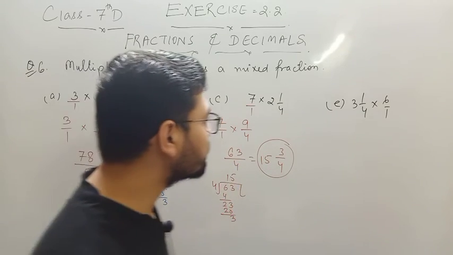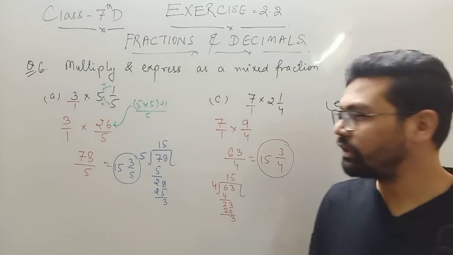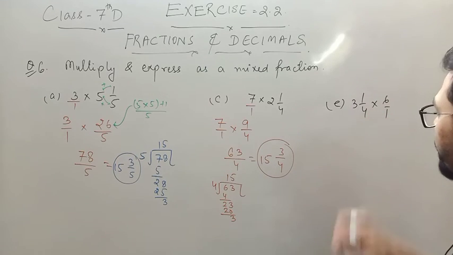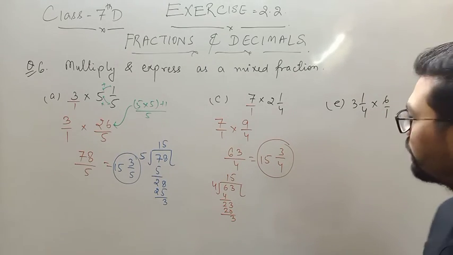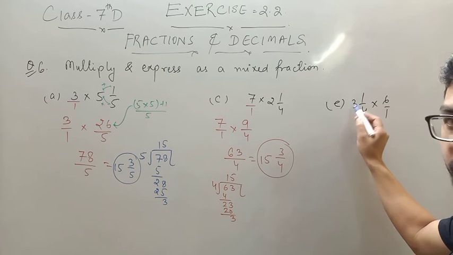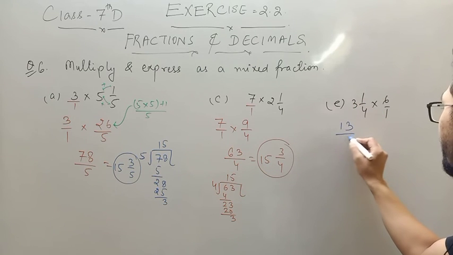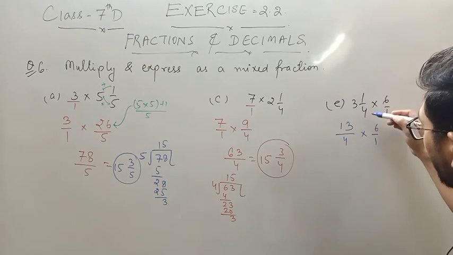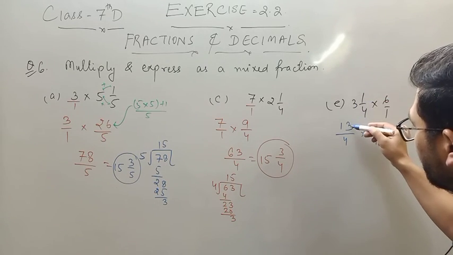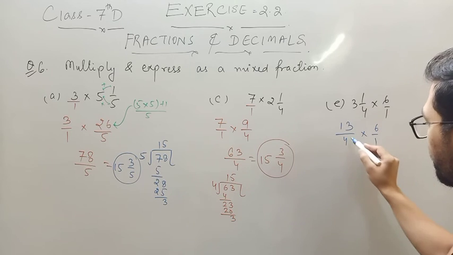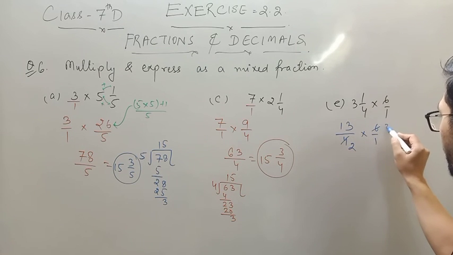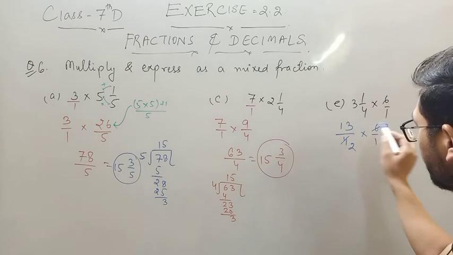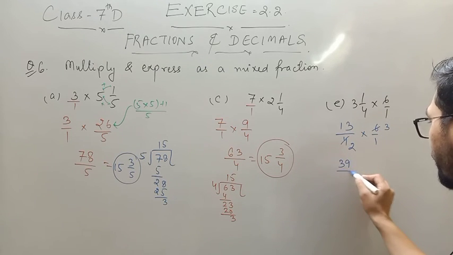Note it down fast. Okay, before that, please see this question also. 3 1 by 4 when multiplied by 6. 3 4s are 12 plus 1, 13 by 4 into 6 upon 1. 13 divided by 4 into 6. 2 2s are 4, 2 3s are 6, right? 13 3s are 39 divided by 2.